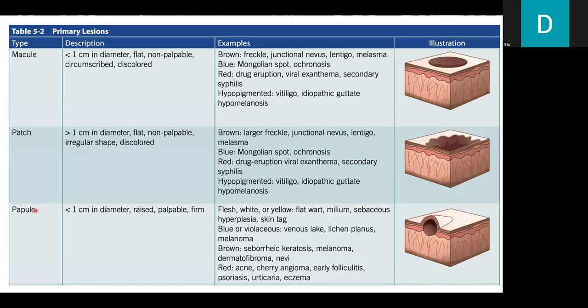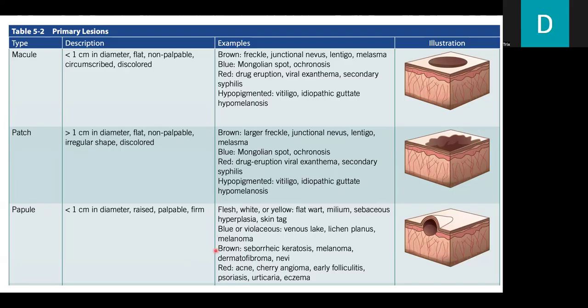Papule. It's less than 1 cm in diameter, raised, palpable, and firm. Examples if flesh, white or yellow: flat wart, milium, sebaceous hyperplasia, and skin tag. If it's blue or violaceous, venous lake, lichen planus, and melanoma.